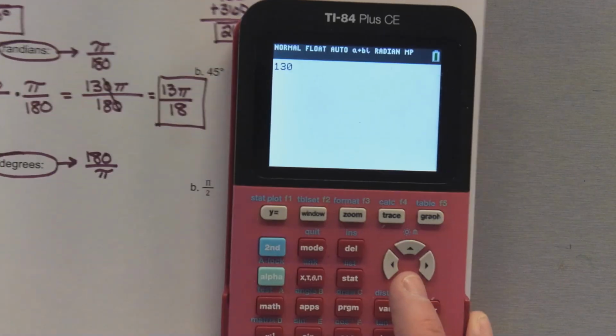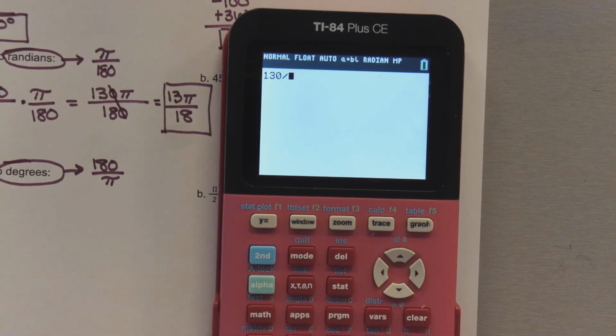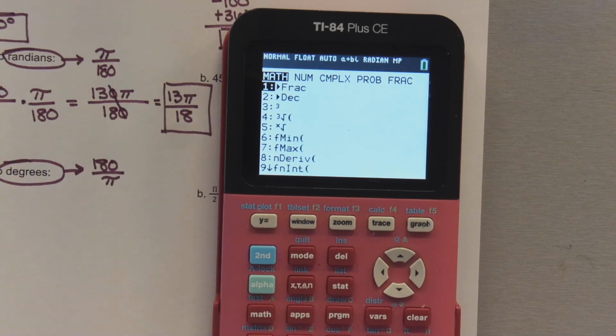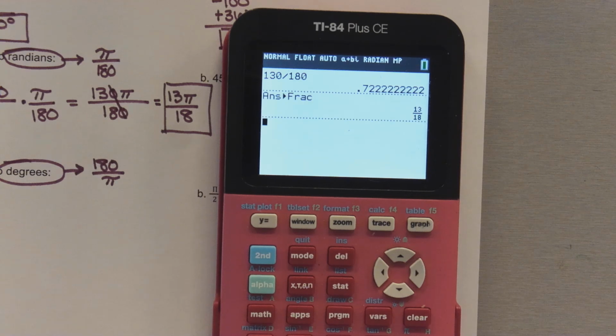Now, if you want to do it on the calculator, you take 130, divide it by 180, and you hit enter. That'll give you your decimal. And then if I hit math, enter, enter, it's going to give me the fraction. If you have one of the scientific calculators, I don't know all of them super well. I just know the one that I have the most of.